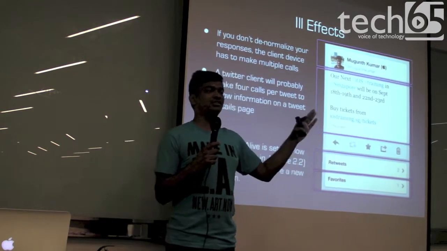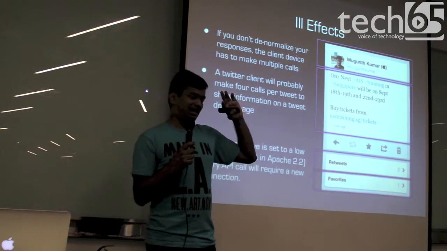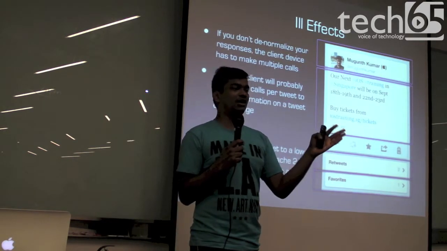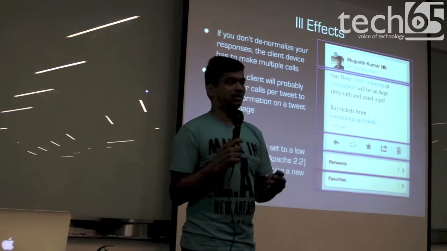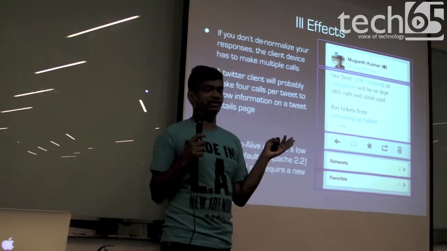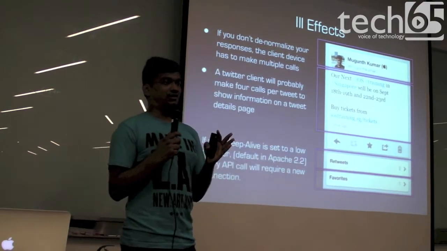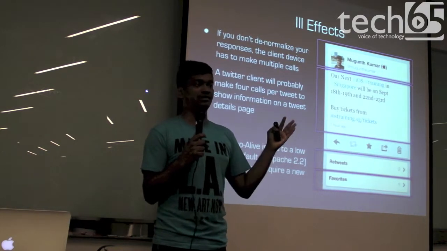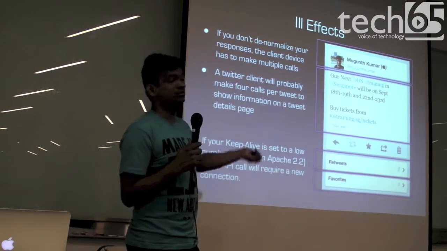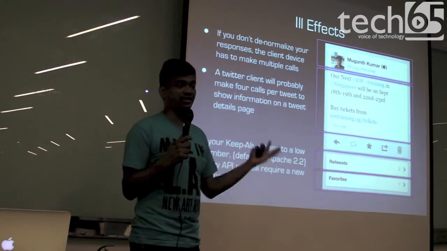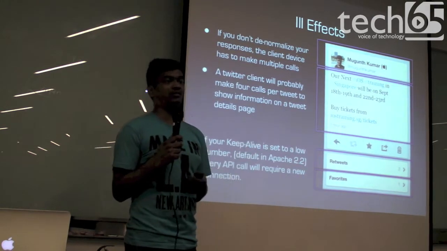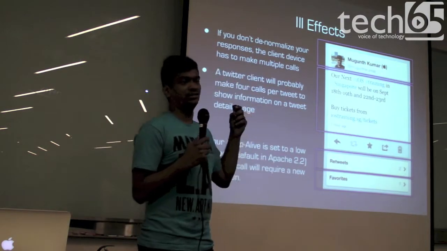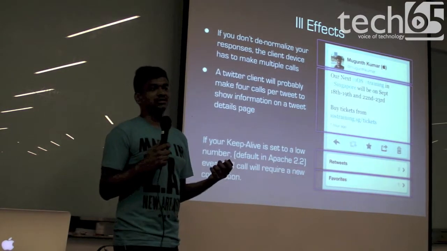And what that means is, every call takes bandwidth time plus ping time. And ping on 3G networks is like 250 milliseconds or 300 milliseconds if you are connected to a good 3G network. If you are underground, it could be 2 or 3 seconds. And loading this whole page will take like 15-20 seconds if you don't denormalize it properly. So it affects your scalability, it affects your UI performance.